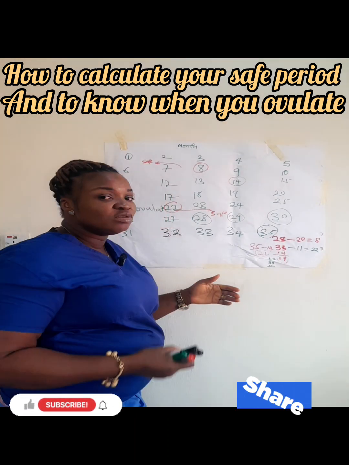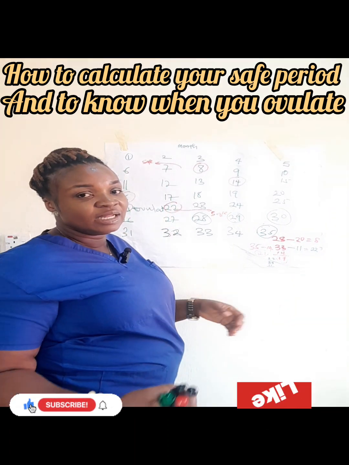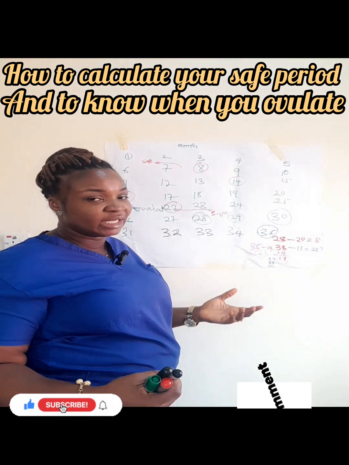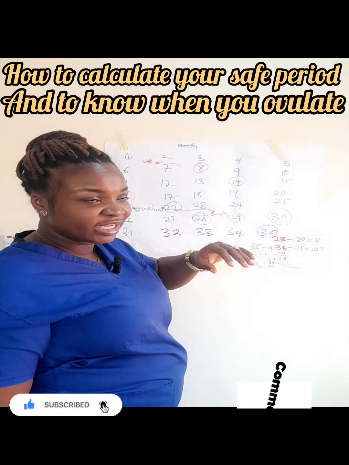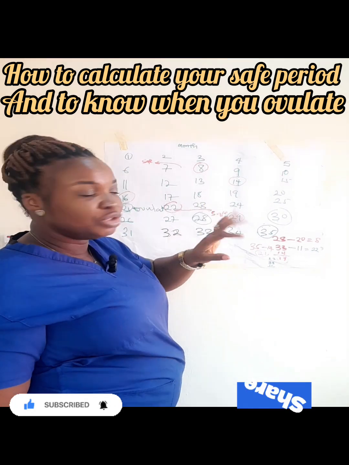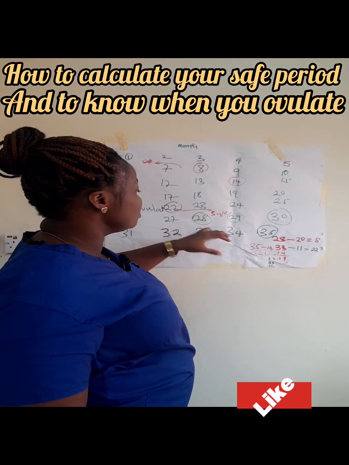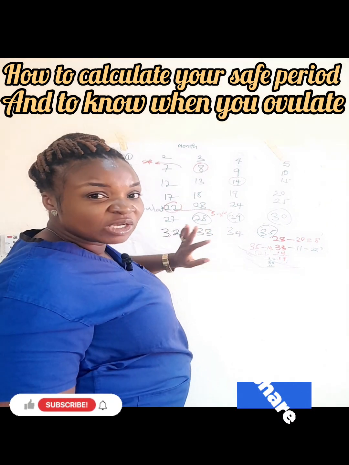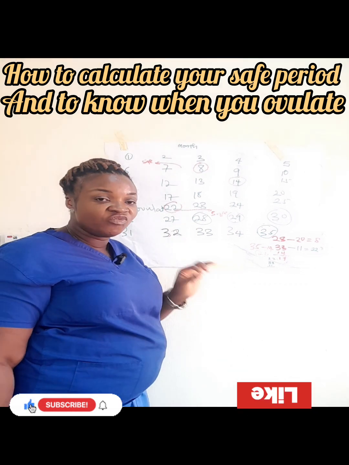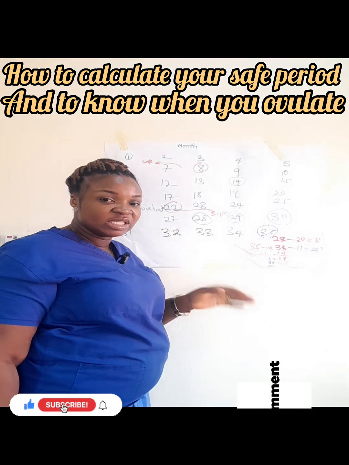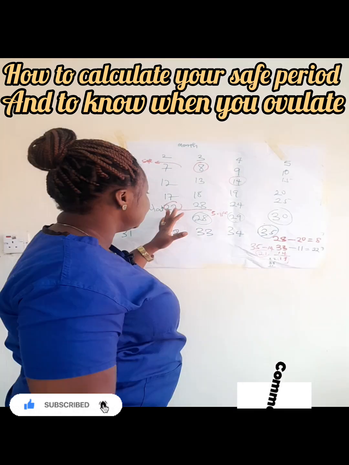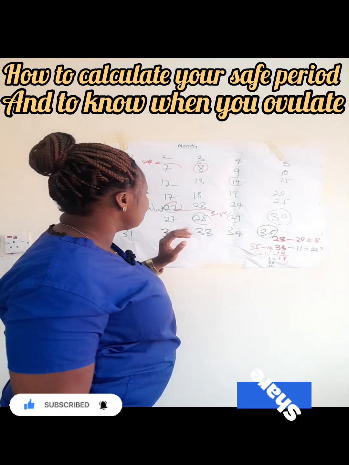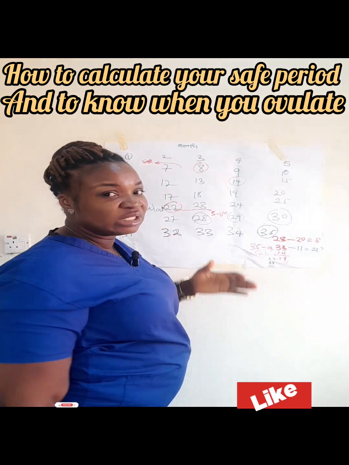So for someone that is looking for a particular sex, let's assume that you are looking for a male child, amongst other things that will be done, one of the things to be done is to calculate this very well. If it's a constant period that comes every 28 days or 30 days, you are sure you are going to see your period. It's much easier because you already know that you ovulate 14 days before your next period.